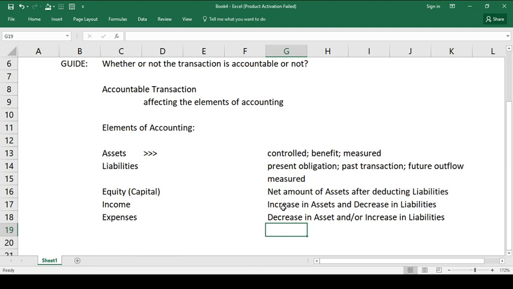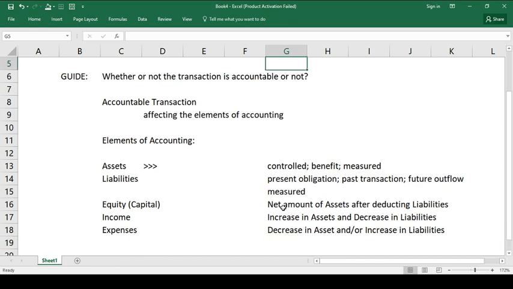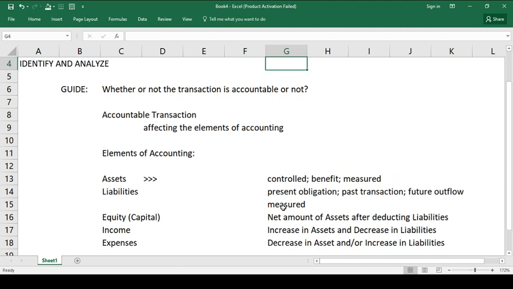Okay, going back to the guide questions of identifying whether or not the transaction is accountable or not. Our answer for this is that only accountable transactions are subject to the accounting process.